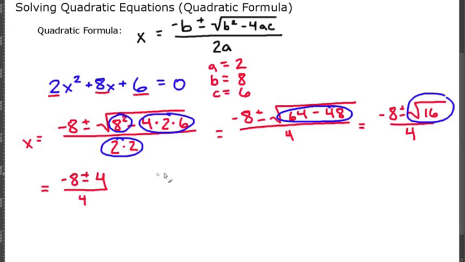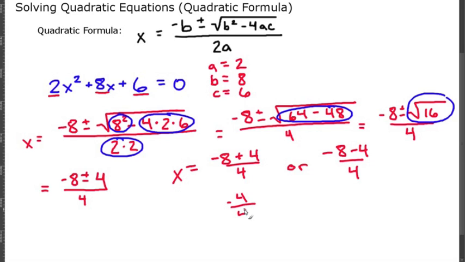So x can be one of two things. X can be equal to negative 8 plus 4 over 4, or x can be equal to negative 8 minus 4 over 4. So negative 8 plus 4 would leave us with a negative 4 over 4, which is simply a negative 1.